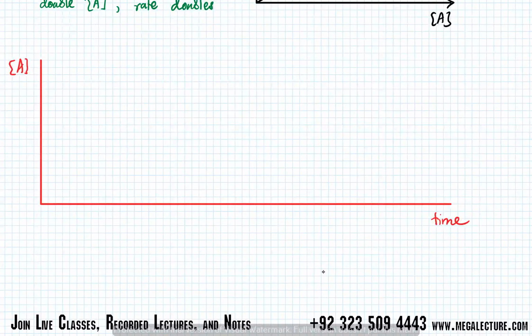A's concentration is maximum at the beginning. Let's say it's over here. How many boxes is this? So 1, 2, 3, probably this one.